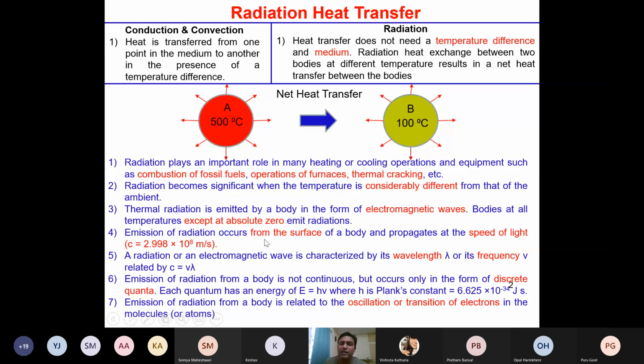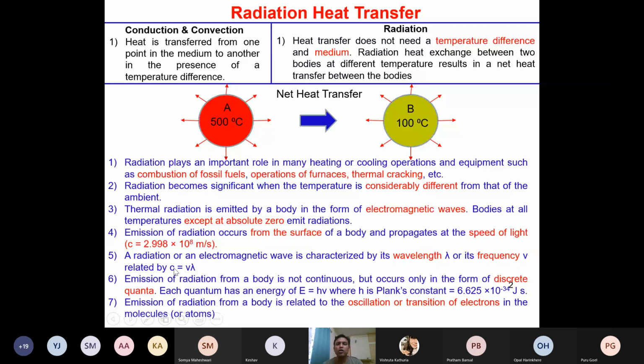Again, emission of radiation occurs from the surface of a body and propagates at the speed of light. Okay, so radiation propagates at the speed of light, which is given as 2.998 × 10^8 meters per second.